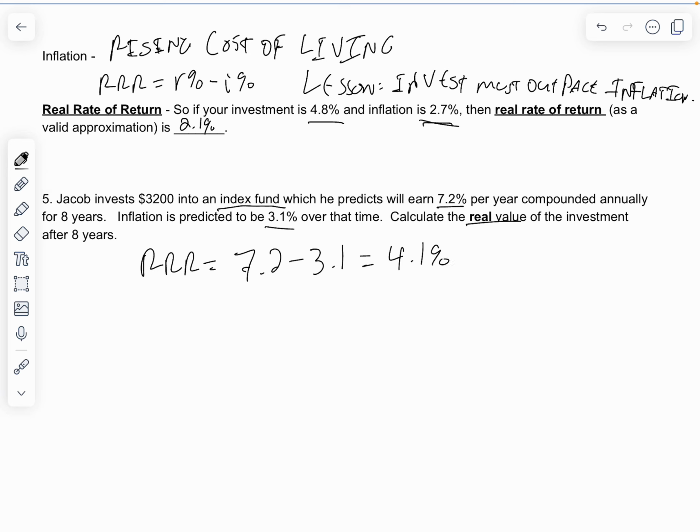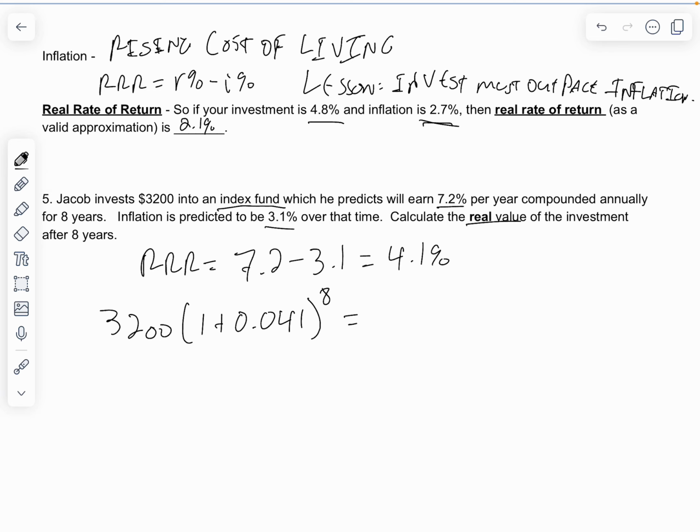And 3,200 times 1 plus 0.041, because we're getting 4.1%. It's compounded annually, so we don't have to divide by anything, nothing fancy. And that's raised to the 8th power. Just going to throw that in my calculator. Don't have my calculator attached to us anymore, unfortunately. But I'm going to just plug it in here.